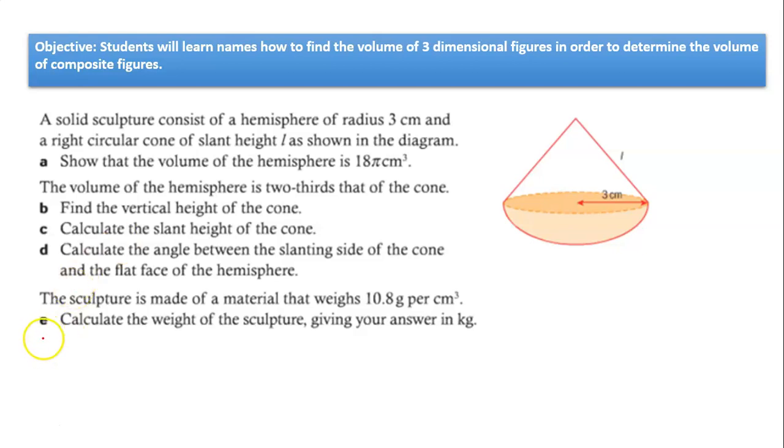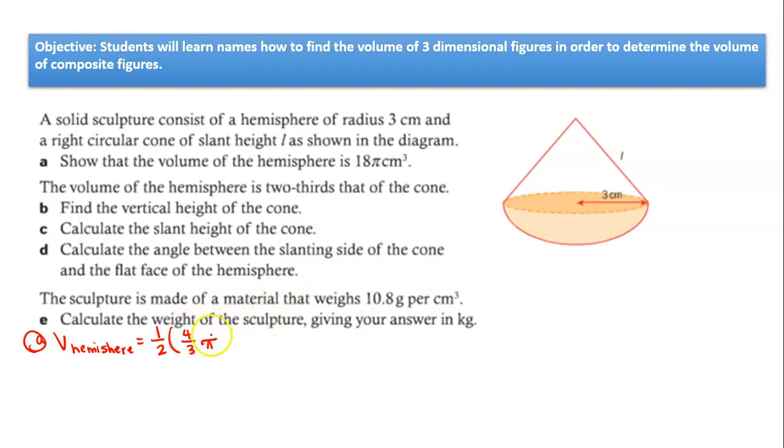So for part A, the volume of a hemisphere is going to be half the volume of a sphere, right? So half the volume of what this would be if it was a sphere. A sphere's formula is 4/3 pi r cubed.